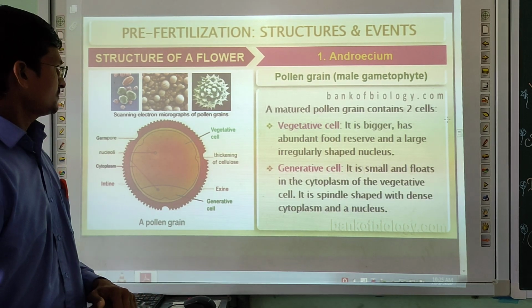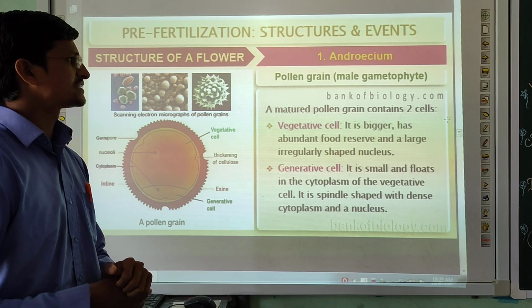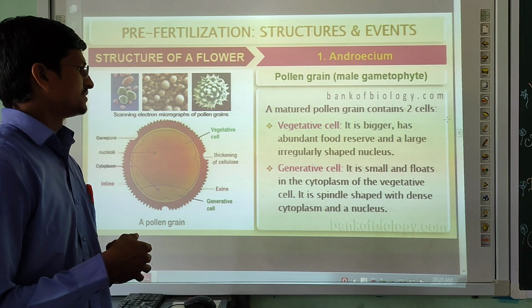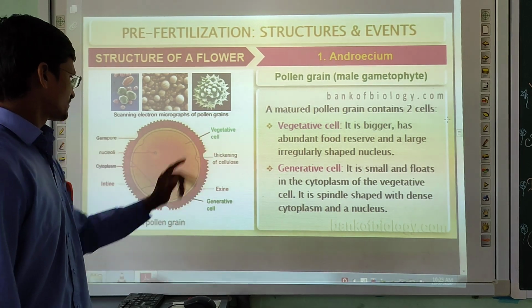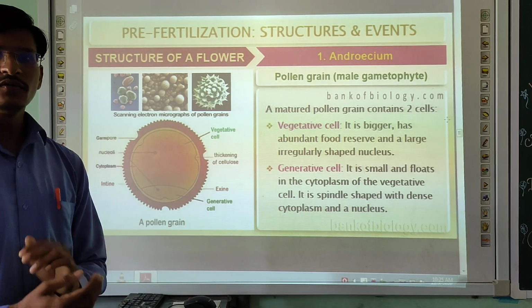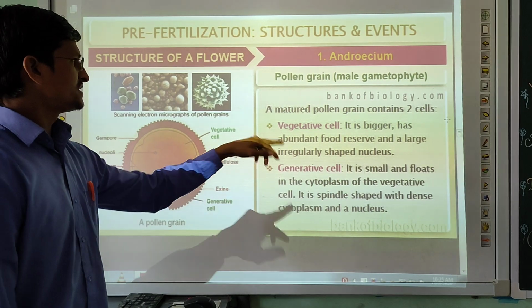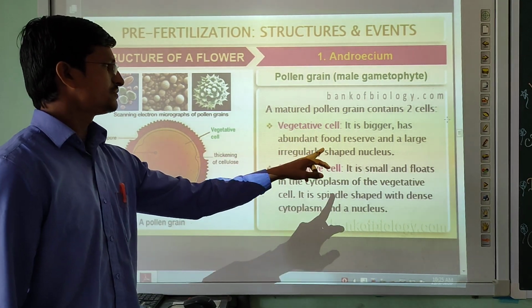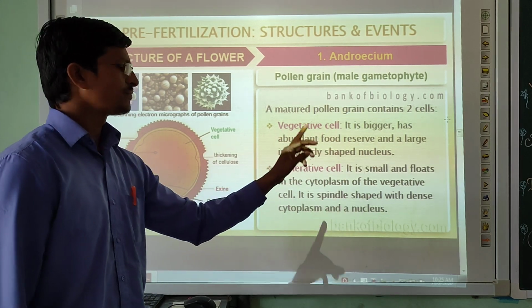Next, pollen grains. Mature pollen grains contain two cells, that is, the vegetative cell and the generative cell. Now, what is the role of each? The vegetative cell is bigger, has abundant food reserve and a large irregularly shaped nucleus.